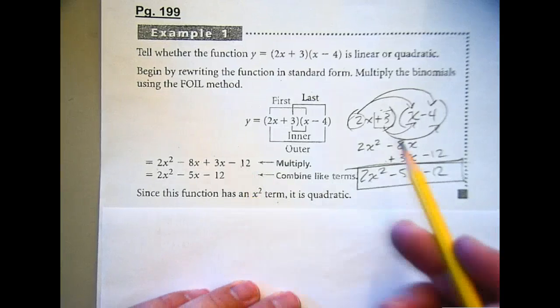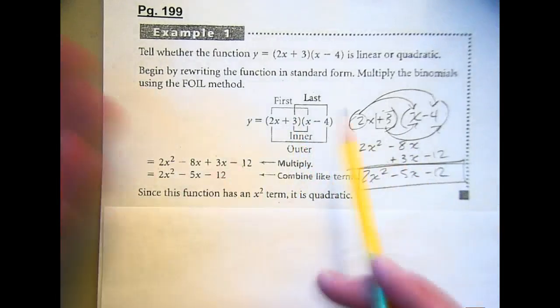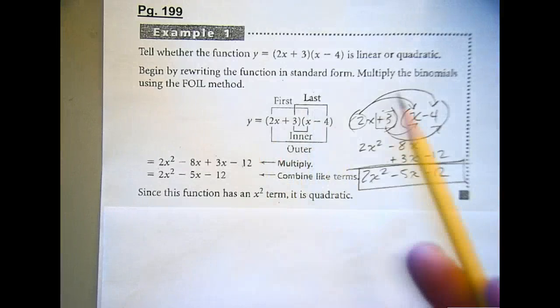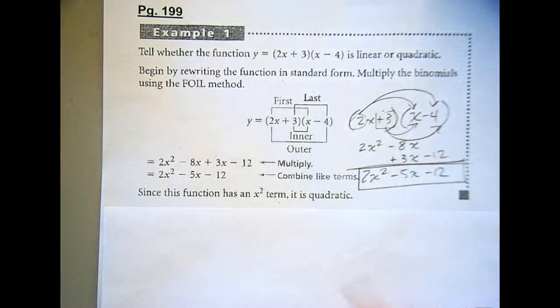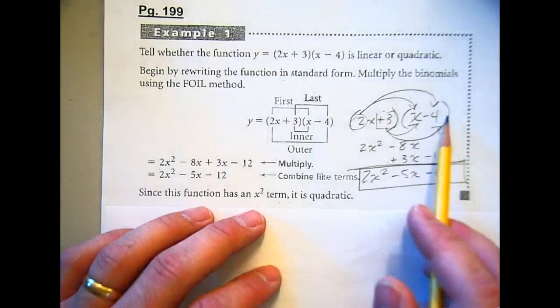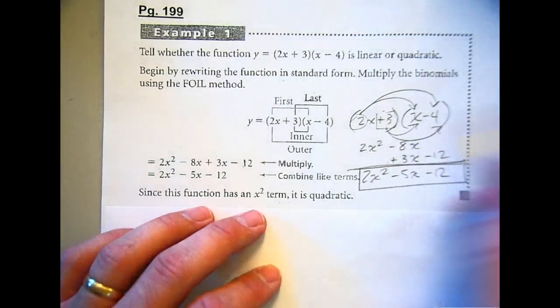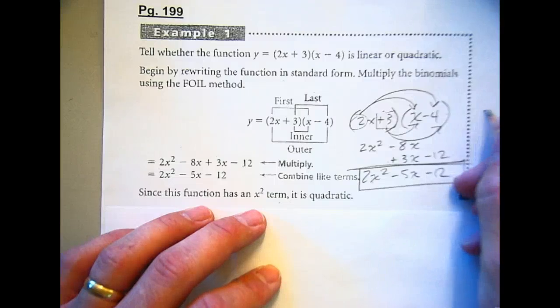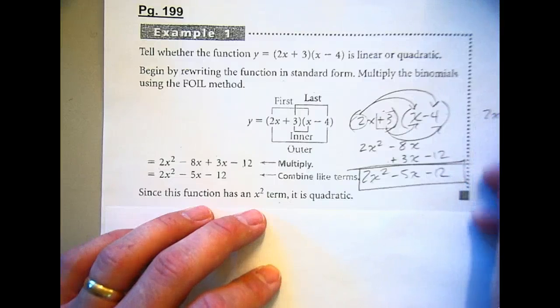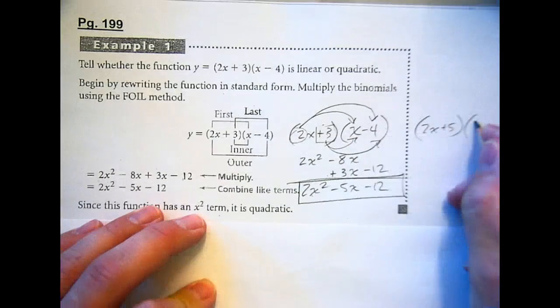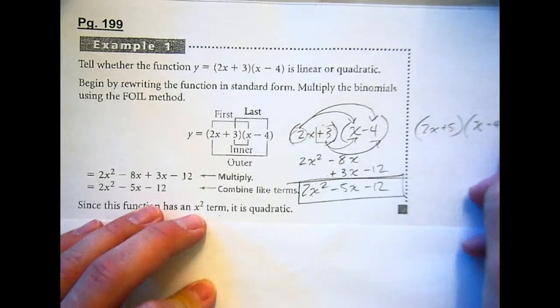Now, whatever you want to use. If you like FOIL and it works, that's great. The only problem I have with FOIL is when you start multiplying by trinomials. So maybe if you have 2x plus 5 times x squared minus 4x plus 2.